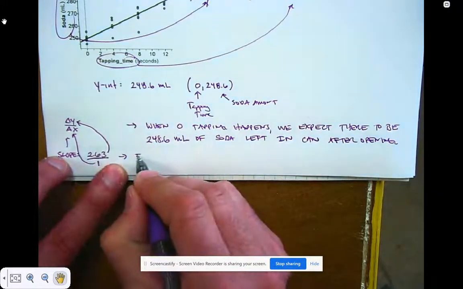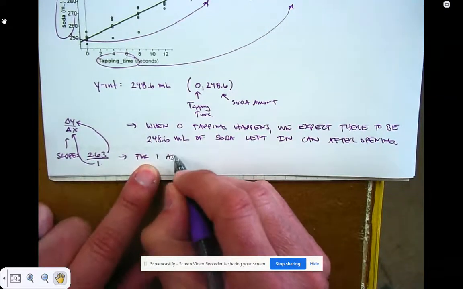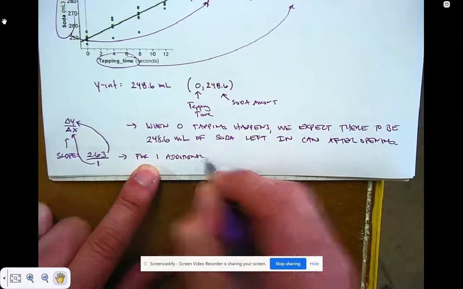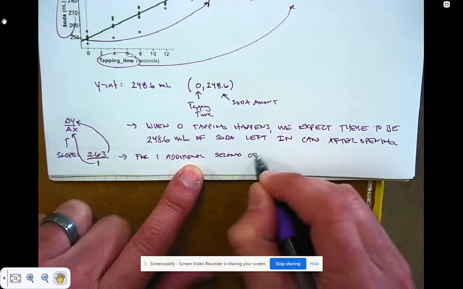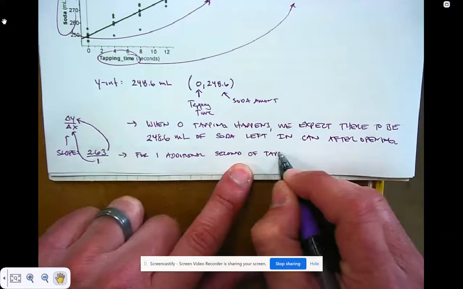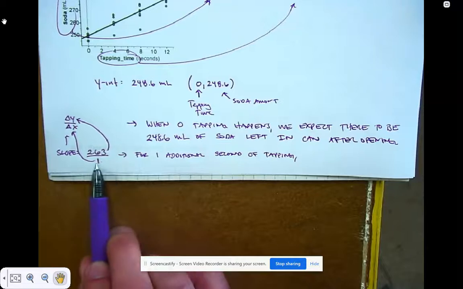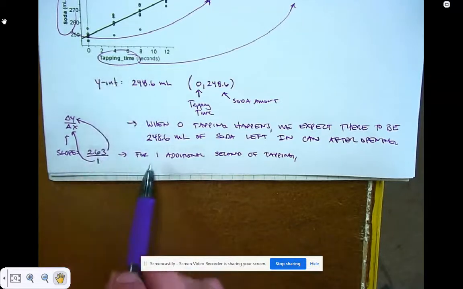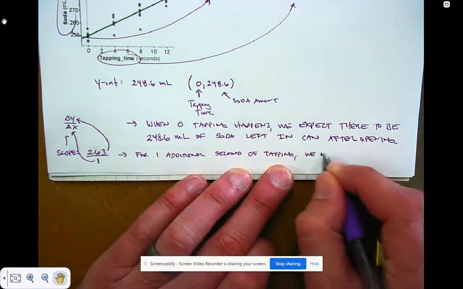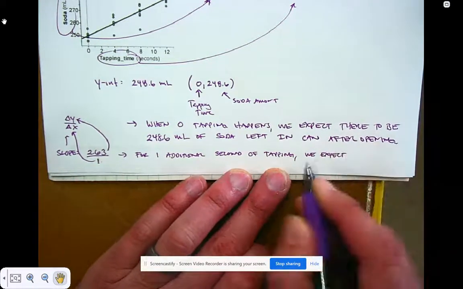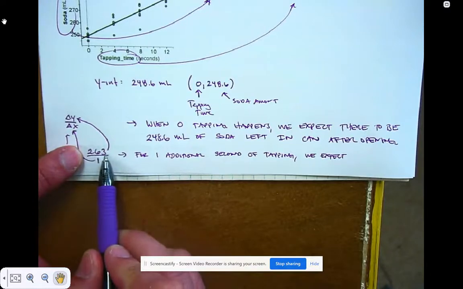So you say for 1 additional second of tapping, right? That's delta x. When x changes by 1. When the tapping time changes by 1 additional second, we expect, what do we expect? Well, we expect the y to change by 2.63. So just contextualize it.